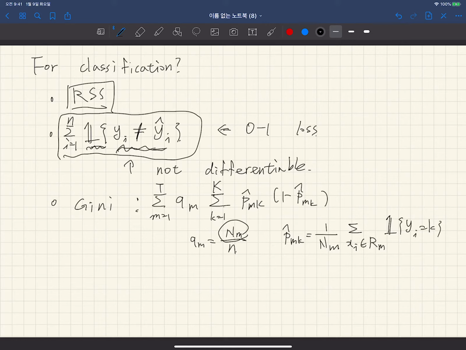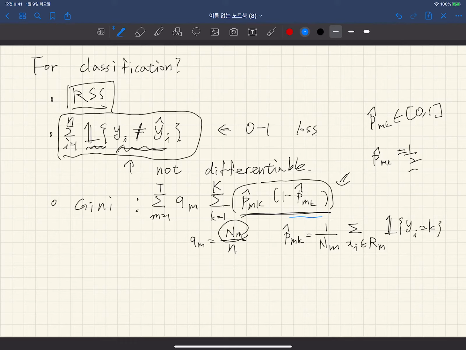When you look at this Gini index, it looks like p times (1 minus p), and it is maximized when p hat mk is equal to 1/2, if you can freely choose p hat mk from 0 to 1. So for one single computation, you can maximize this value at 1/2.